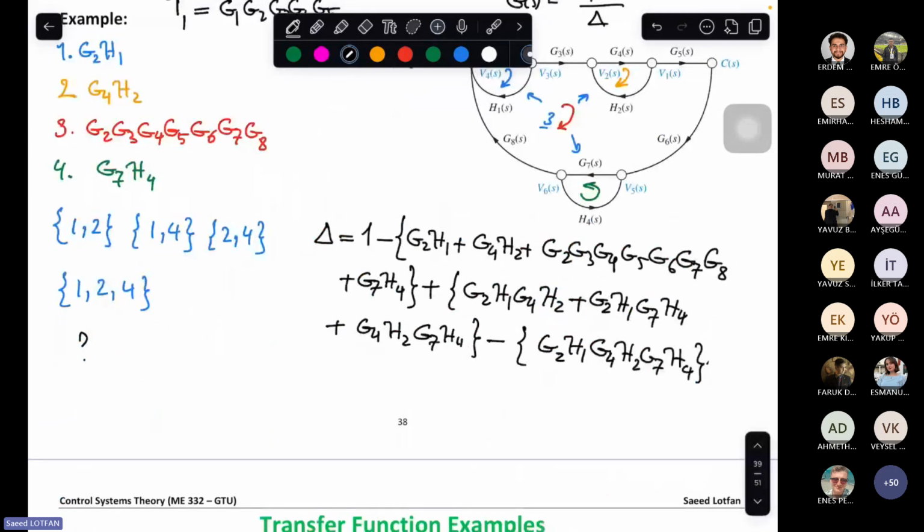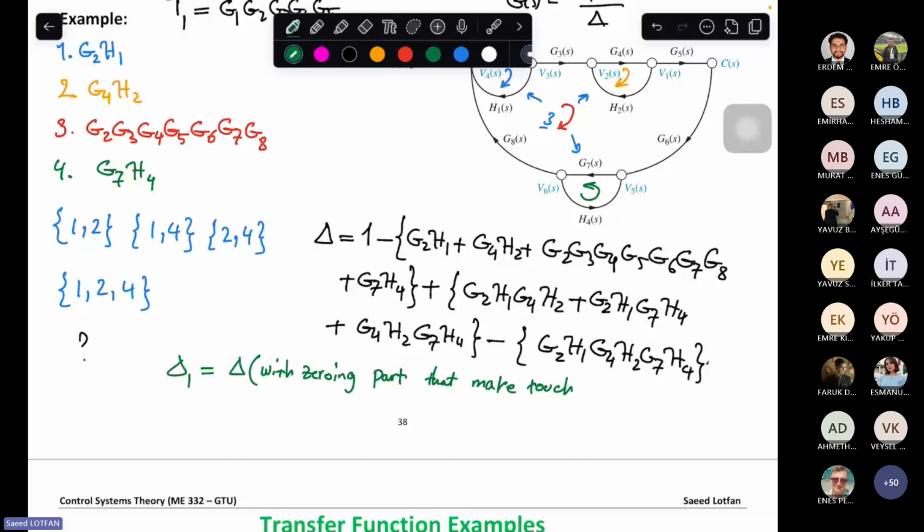So delta 1 means delta with zeroing the parts that touch T1.